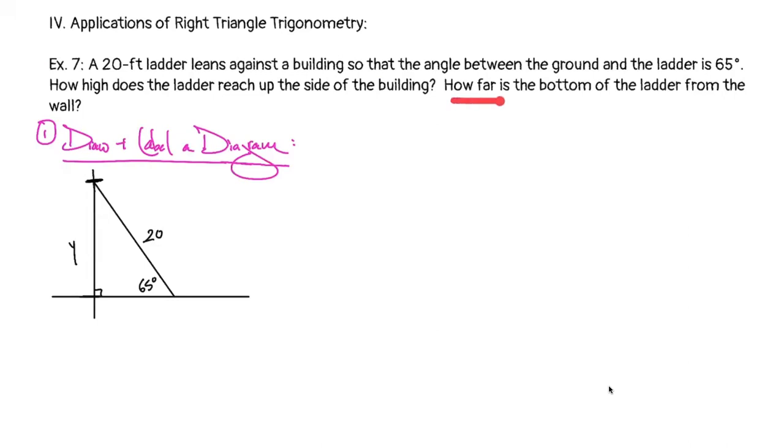And if we look at the second part of the question, how far is the bottom of the ladder from the wall? I'm going to be equally boring and say this distance down here is X. You can label it A and B, whatever you want. I'm just explaining my reasoning behind my not so creative lettering, okay? So I've created a diagram, and more importantly, I've labeled the diagram.